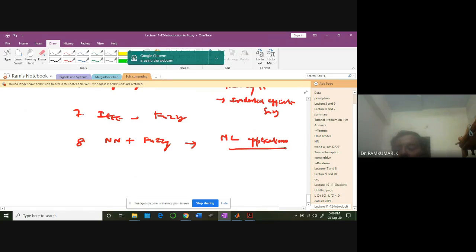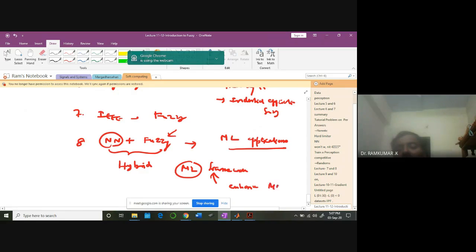Maybe you can refer to that. They call it hybrid systems. See how we can deploy Fuzzy Logic under the NN or machine learning framework to enhance the power of ML. This is something you can think of also. This is another research happening domain.